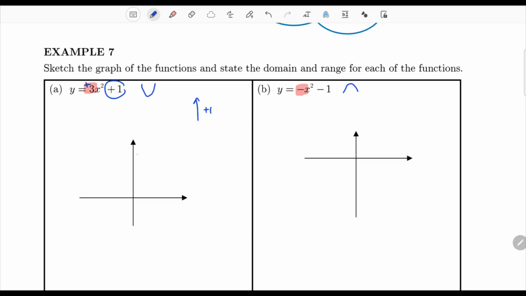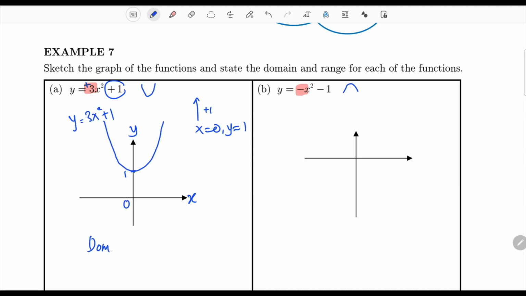So the graph will be: when x is 0, y equals 1. So this is your 1, and the graph will be something like this. Label your axes. So this is y equals 3x squared plus 1, and this is your origin.